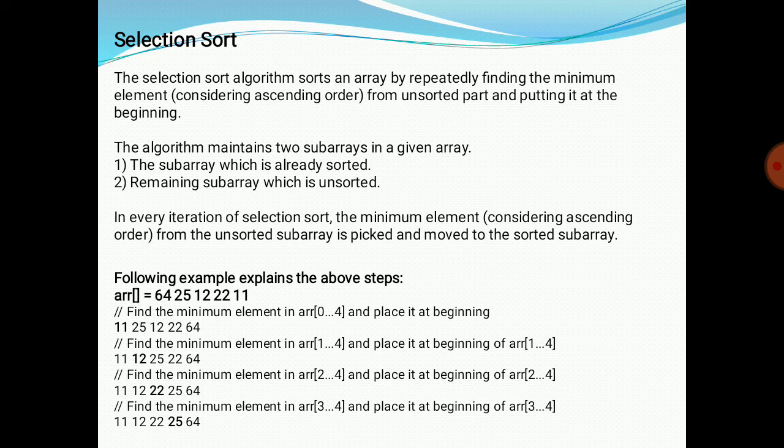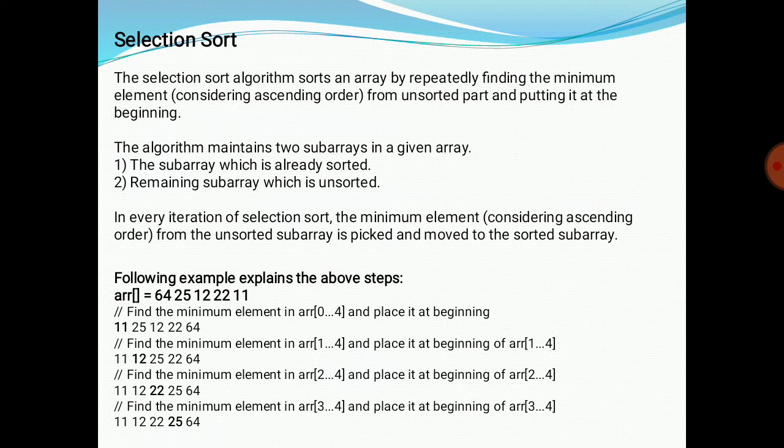The selection sort process starts from the first element and tries to find the minimum element from the array indexed from 0 to 4 and places it at the beginning of the array.